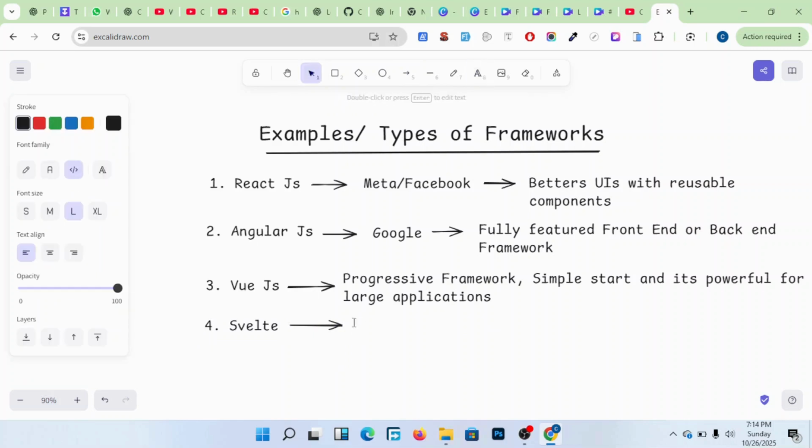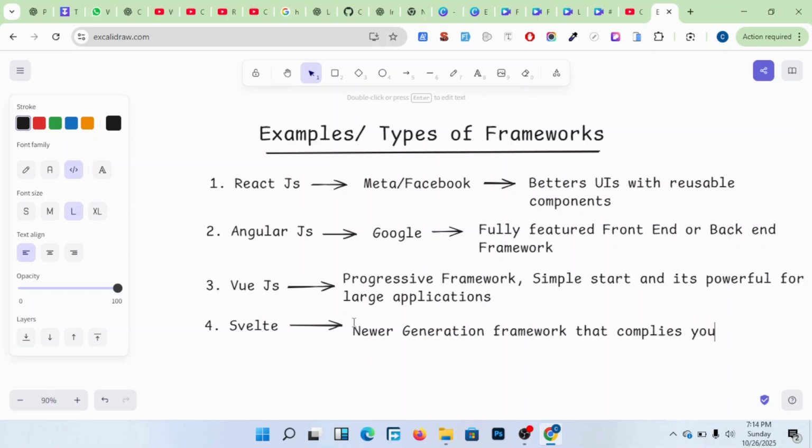A newer generation framework that compiles your code to pure JavaScript.